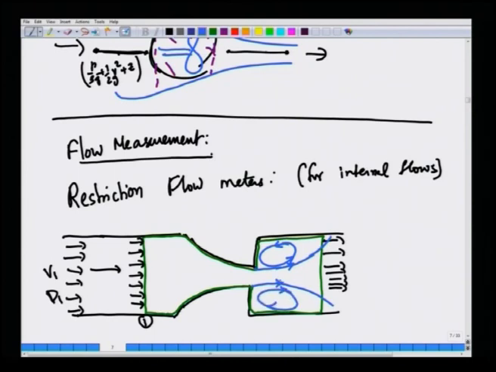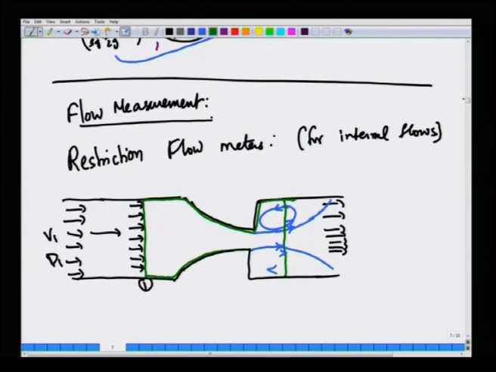These zones do not contribute to any flow rate, okay, and we are going to draw the CV like this. Let me draw the CV again. This is our CV. Okay.